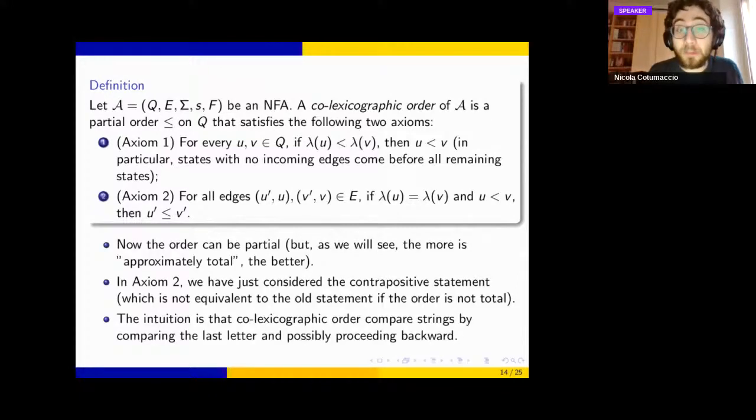And the reason why we needed to change axiom 2 is that, as I try to show, the enjoyable properties of Wheeler graphs strongly rely on colexicographic order on strings, and colexicographic order on strings works backward. So I start from the end of the string, and if the last two characters are equal, then I proceed backward. If they're equal, then I still proceed backward, and so on. So in order for this to work, I need some backward compatibility, not a forward compatibility.